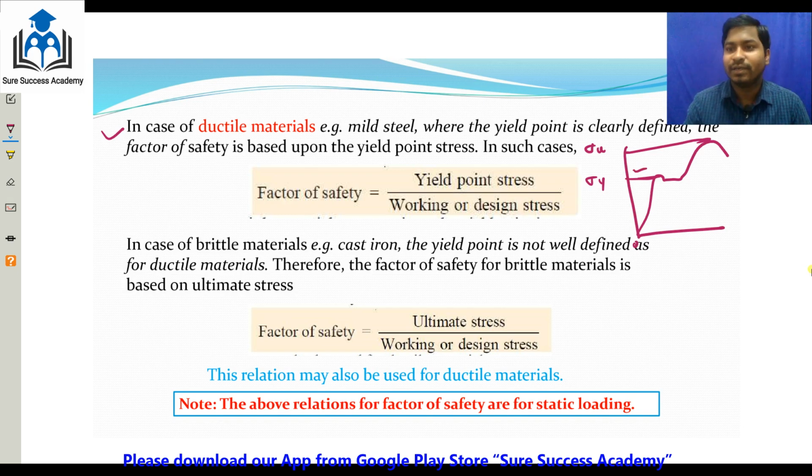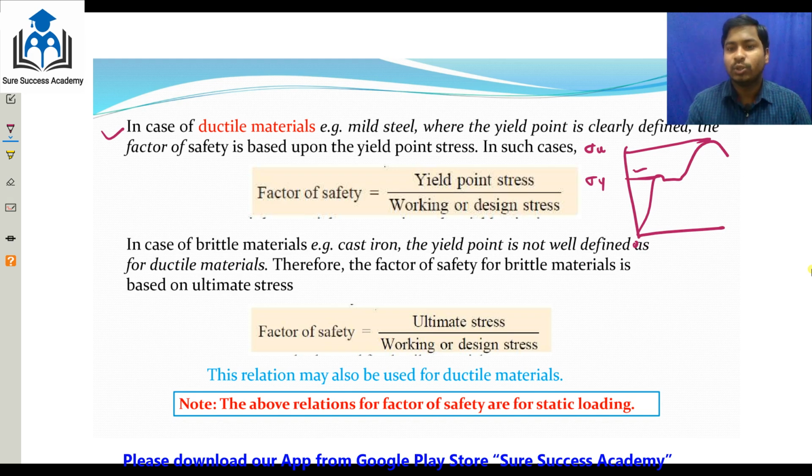It fails when it is not performing its function satisfactorily. After the yield point, the plastic deformation starts in the ductile material. The start of plastic deformation itself tells that this is yield, the failure of the material.